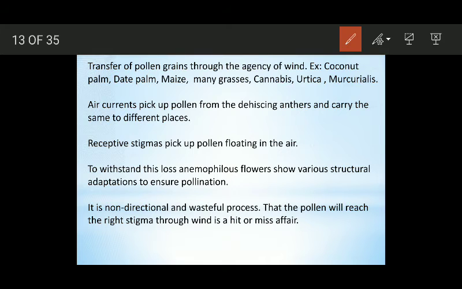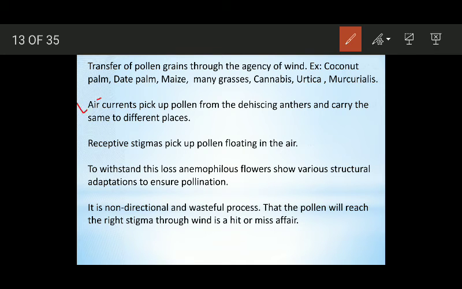In anaemophily, transfer of pollen grain takes place through the agency of wind, and there are many plant species that show anaemophily, like coconut palm, date palm, maize. There are many other grasses, cannabis, urtica, mercurialis. These are the plant species which show anaemophily.